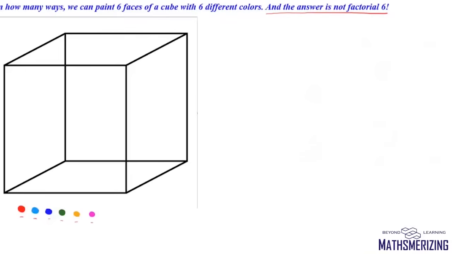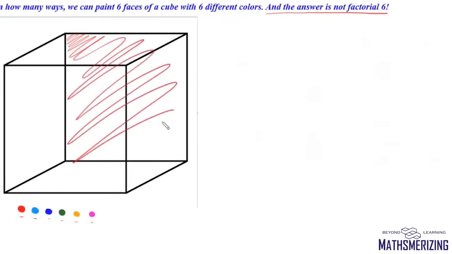Out of these 6 colors, we paint any one face with any one color. So let us paint one face with, say, red. So suppose we paint this face with red. Now we have a starting point on our cube.